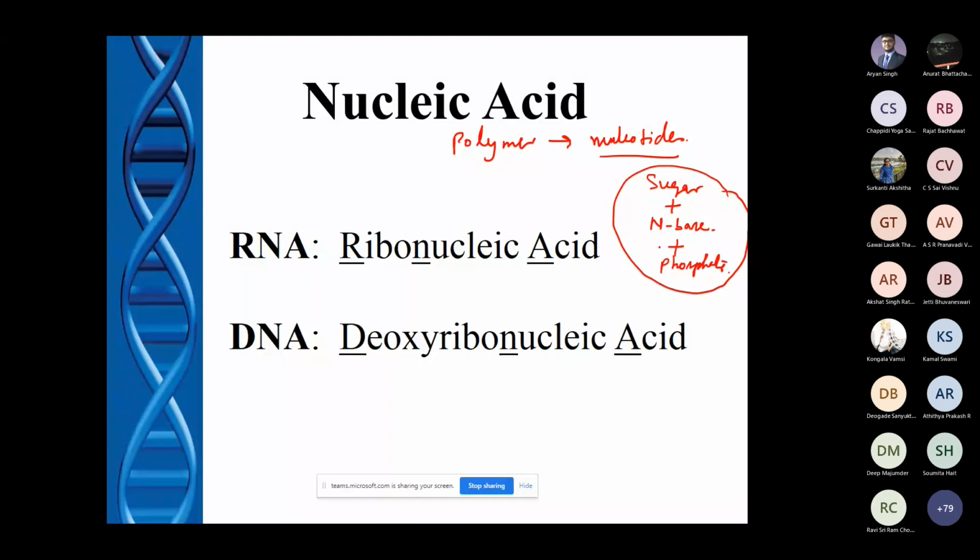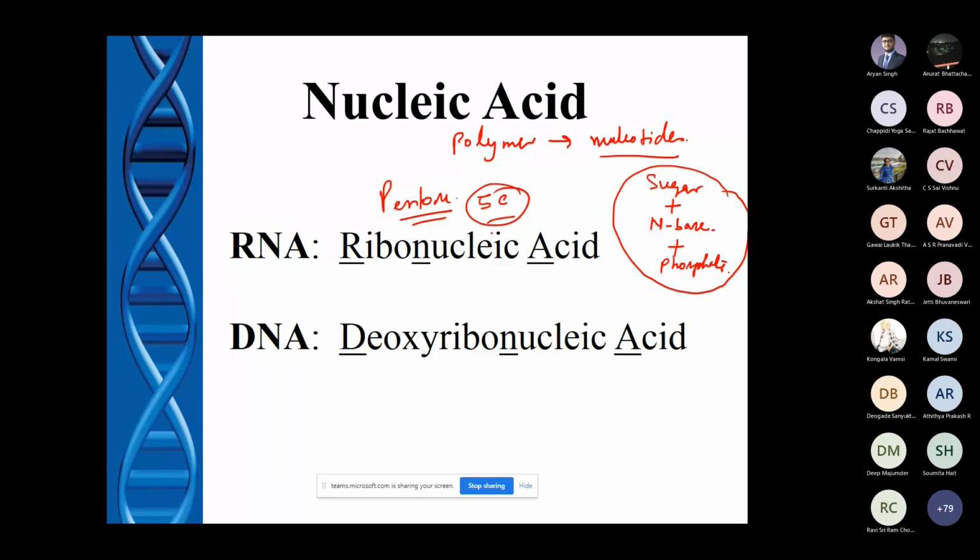But where is the difference? RNA and DNA contain a sugar called pentose sugar. All of you know pentose means they have 5 carbons in the ring.